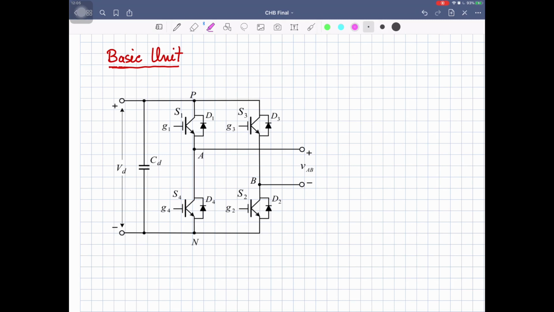If I turn on switch S1, I will have to keep switch S4 open, otherwise there will be a short circuit. Now there are two high side switches S1 and S3 because the positive terminal of the source is common over here, and S4 and S2 are the low side switches because the negative terminal is common.